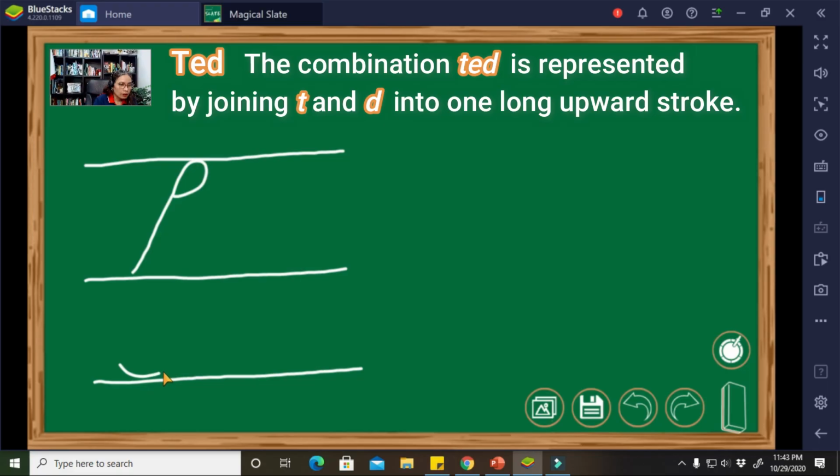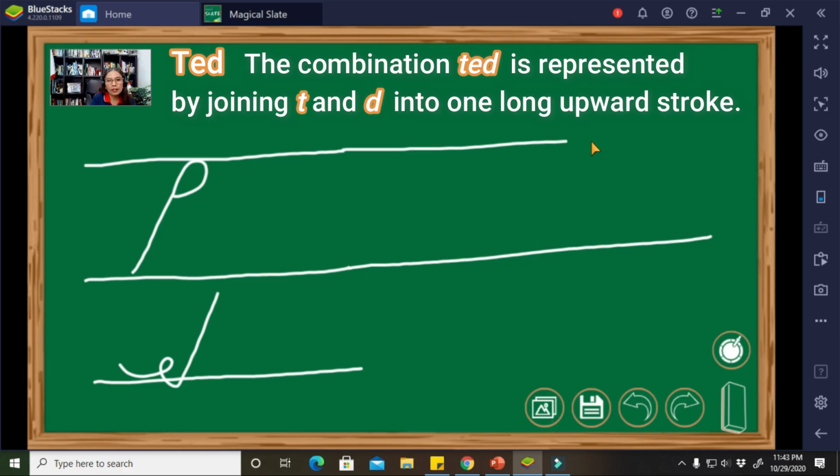Then I have here another with TED. I have another here. Let me draw a line again. Just imagine it is a straight line.